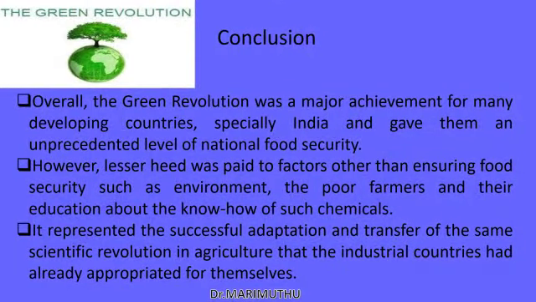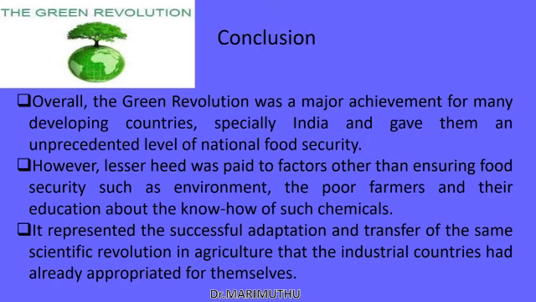The last part of the session is the conclusion. Overall, the Green Revolution was a major achievement in many developing countries, especially India, and gave an unprecedented level of national food security. However, lesser heed was paid to factors other than ensuring food security, such as the environment, the poor farmers, and their education about the know-how of such chemicals.